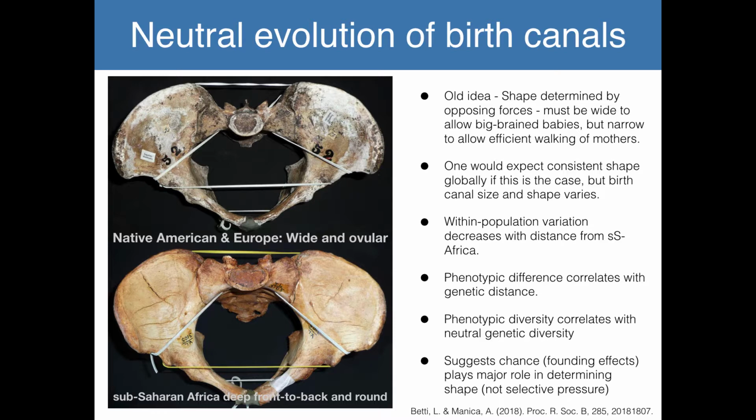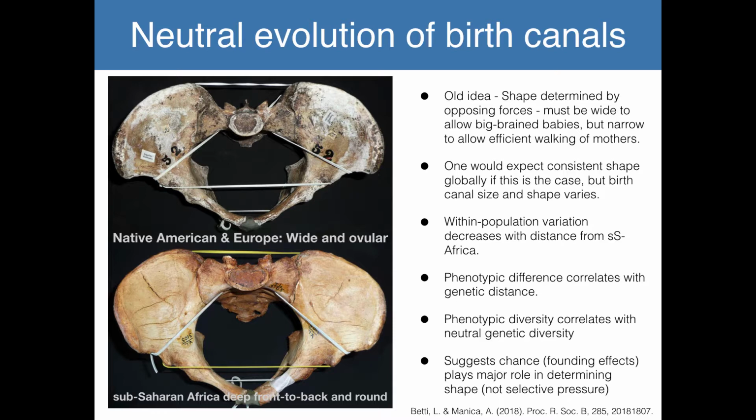There are opposing forces driving this shape. It needs to be wide enough to allow babies with big heads and big brains to pass through, but narrow enough to allow efficient walking.